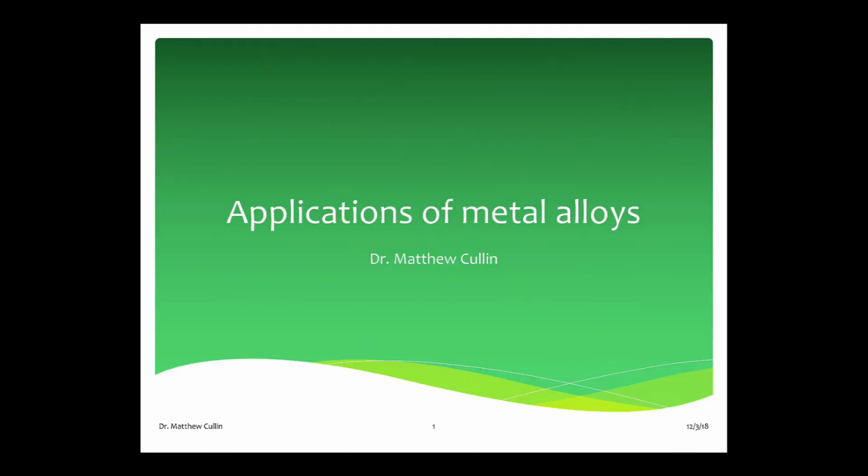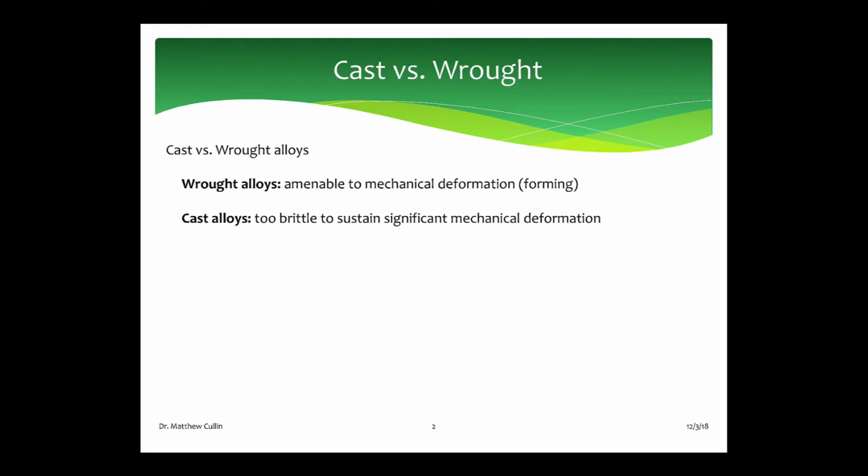So the first distinction we have to make when we're talking about different grades of material is cast versus wrought alloys. The idea here is that if a particular alloy is formulated such that it is to be cast and then subsequently worked into a particular shape, then that's what we call a wrought alloy.